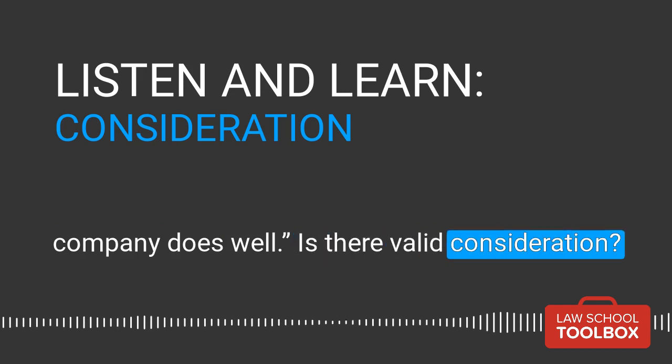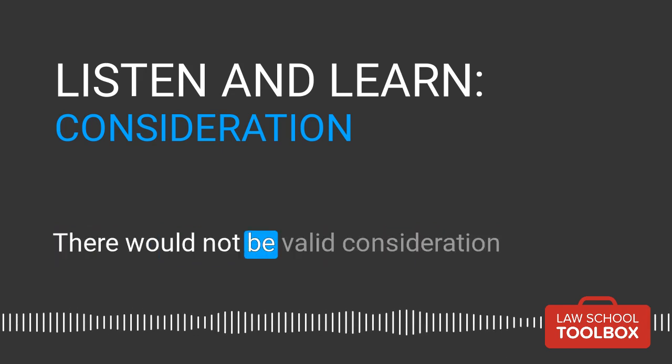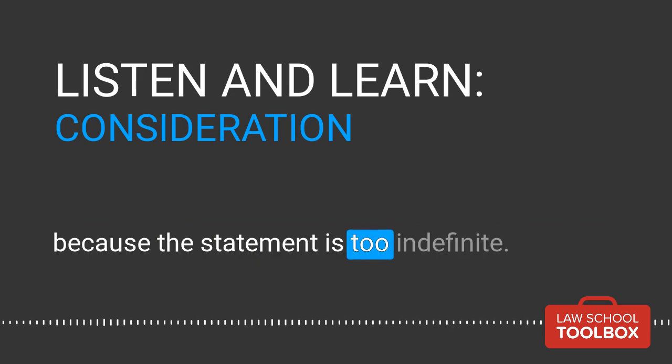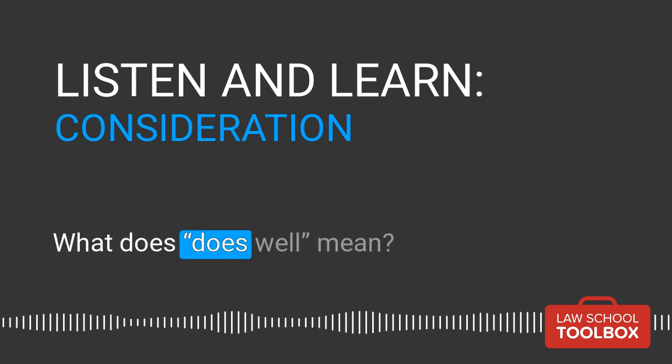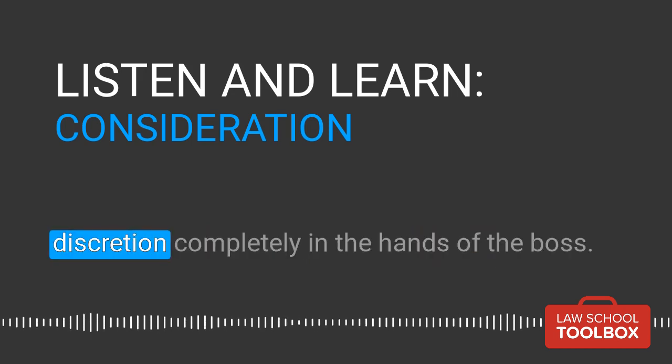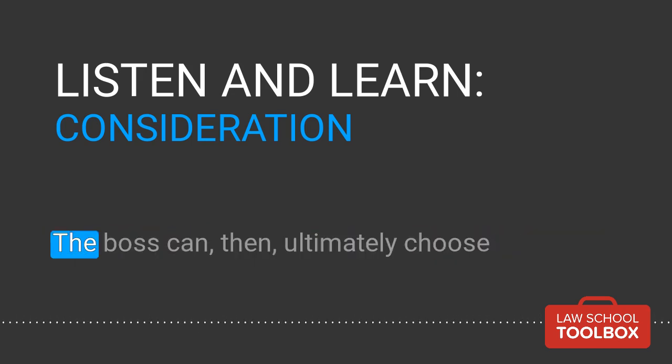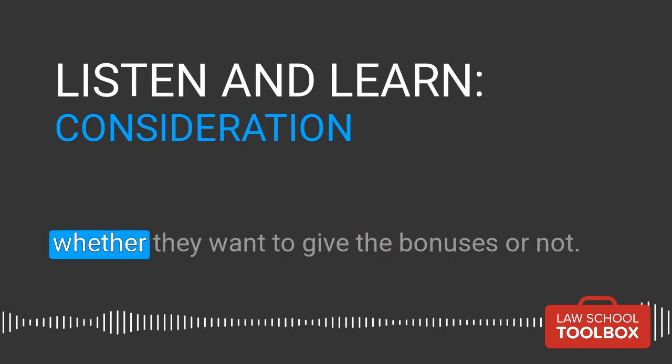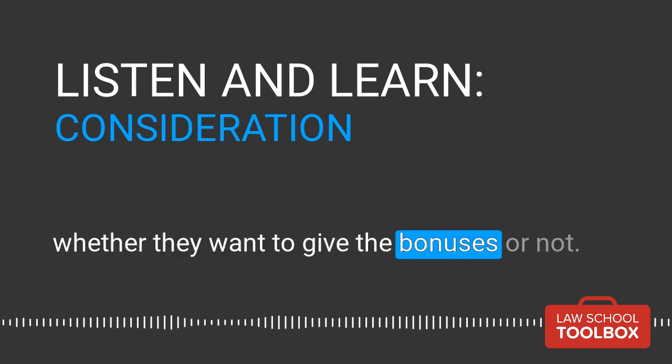Is there valid consideration? There would not be valid consideration because the statement is too indefinite. What does well mean? That phrase is too vague, and it leaves discretion completely in the hands of the boss. The boss can then ultimately choose whether they want to give the bonuses or not.